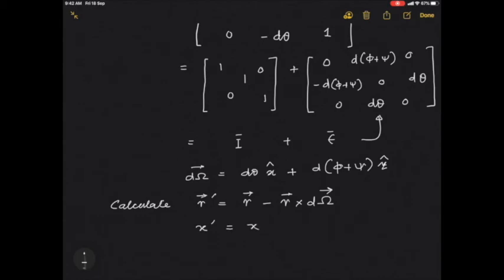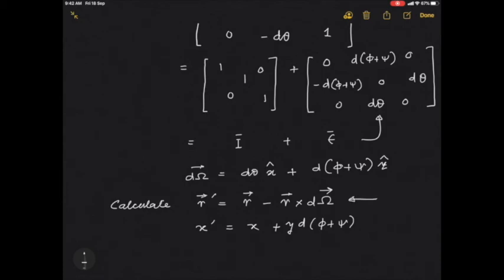So you calculate the x component, x prime, which comes from x and then d of phi plus psi times y.